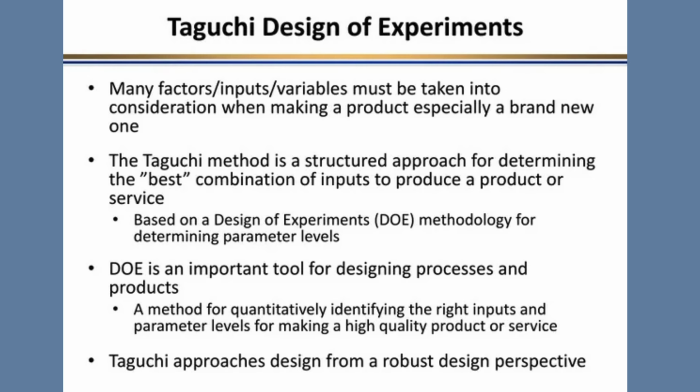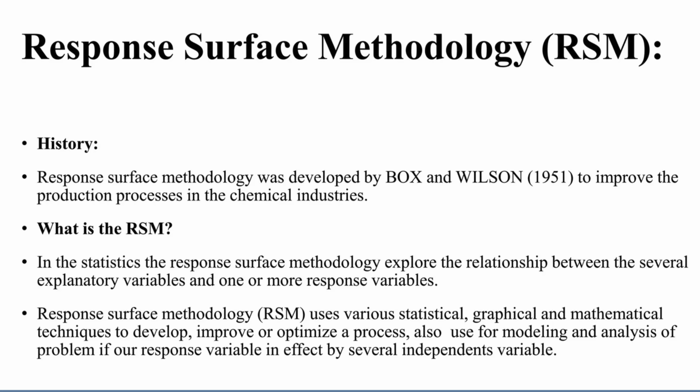Some of the designs are suitable for screening, two-level TD, while others are more suitable for more in-depth characterization and optimization. Response surface methodology. Designs associated with response surface methodology, RSM. This class of designs was developed in 1951 by Box and Wilson.